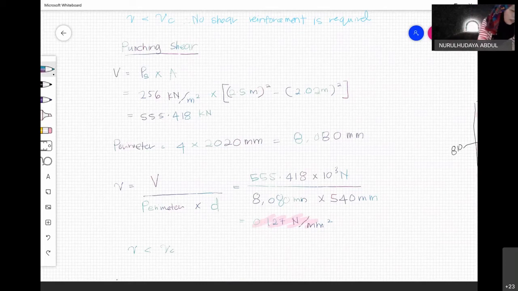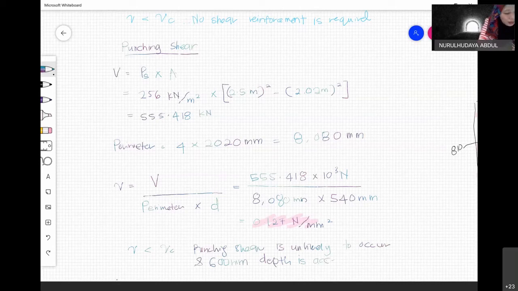It means that punching shear is unlikely to occur. Okay, sebab V less than VC. And 600 mm depth tu maksudnya awak punya total height of footing tu is enough lah, maksudnya is acceptable lah.